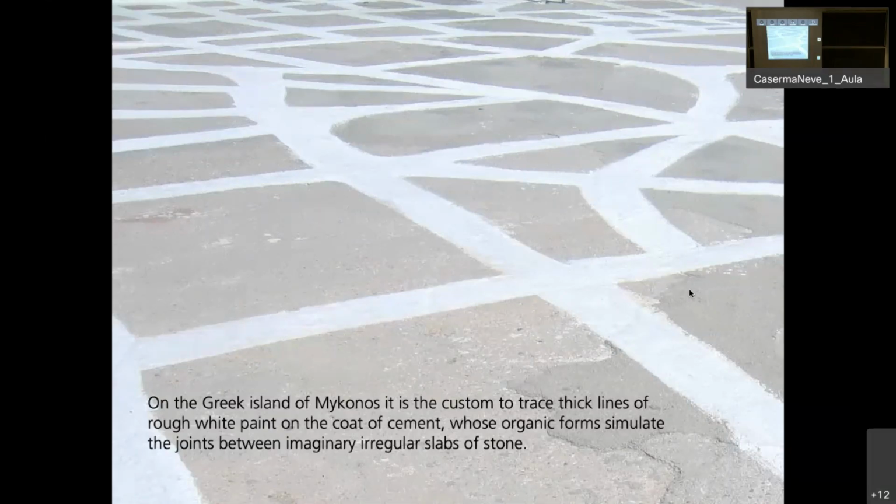Another example that is still not authored, but something that is typical, part of the spontaneous, vernacular, anonymous tradition of certain places, is this typical use of the floor on some islands in Greece. For example, this is Mykonos, in which there is this custom to trace these thick lines of rough white paint on the coat of cement, whose organic forms simulate the joints between imaginary irregular slabs of stone.